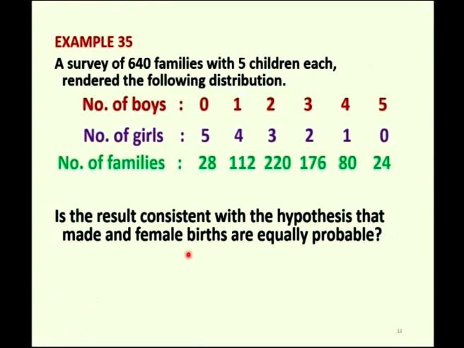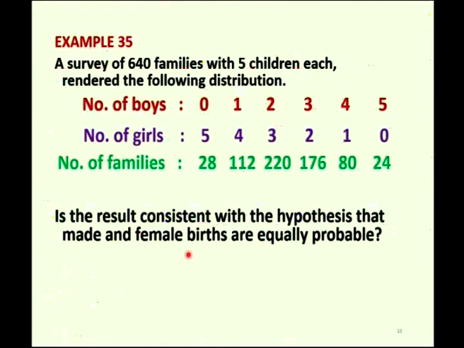Therefore, we are going to use the binomial distribution for calculating the expected frequency, and after calculating the expected frequency we are going to calculate the chi-square, and after computation of the chi-square value we will compare it with the tabulated value and see whether the binomial distribution with equal probability is suitable for this case, that is, whether male and female births are equally probable or not. So, that is the identification we have done with this problem.